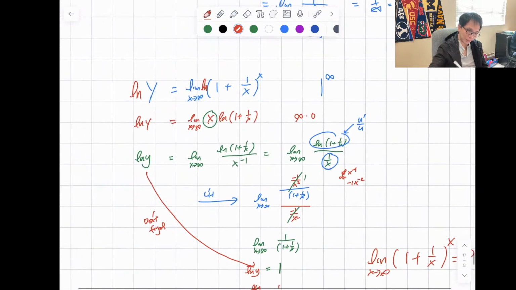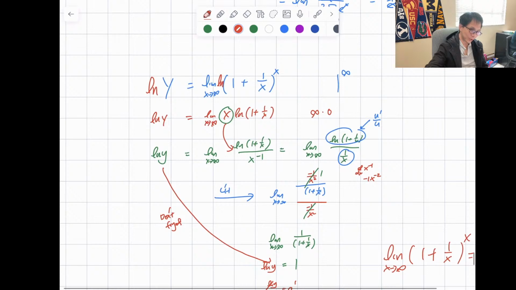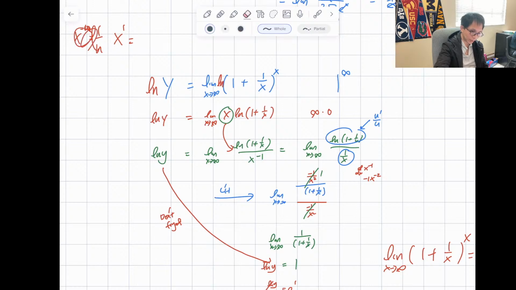Oh, when I move this to the bottom, you say? Okay, so remember x to the 1, I can use the negative exponent rule. Remember that x to the negative n is equal to 1 over x to the n. That's just the exponent rule. So I can change that to 1 over x to the negative 1.